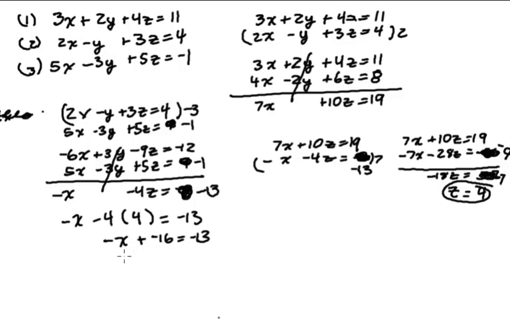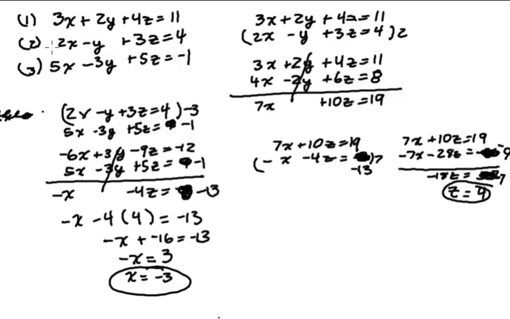So then negative x equals, adding 16 to both sides, 3, or x equals negative 3. So now I have that x is negative 3 and z is 4, so I can plug both of those into any one of these equations.